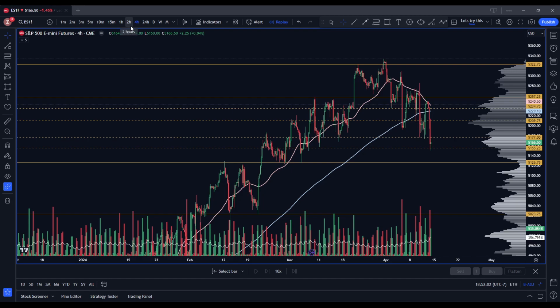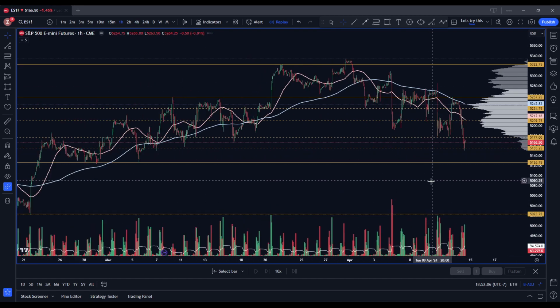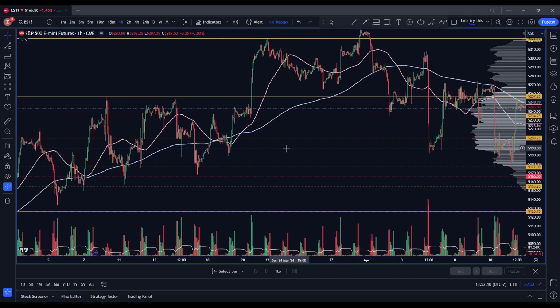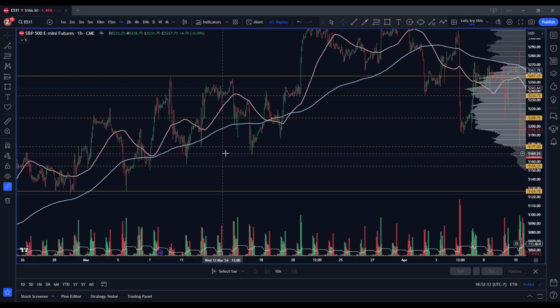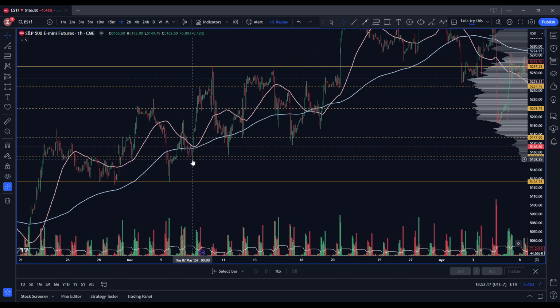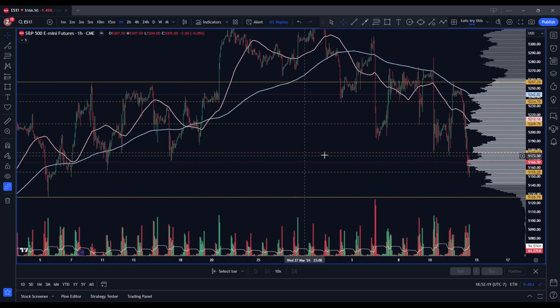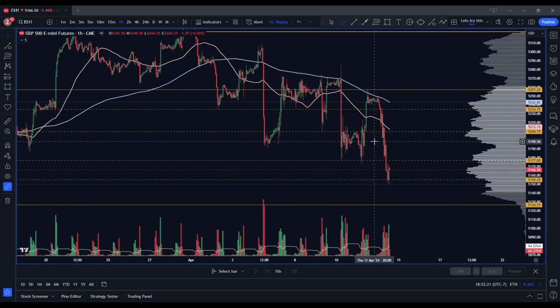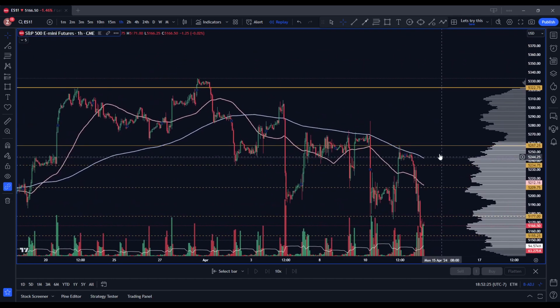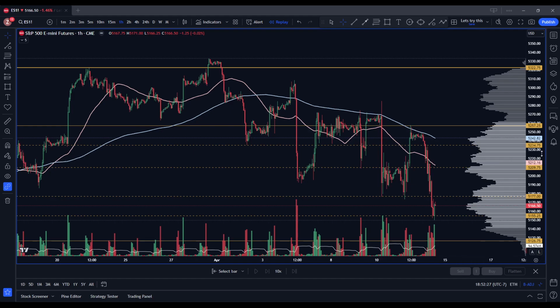Let's head over to maybe the hourly. And yeah, we could just start adjusting these levels a little bit if there's any problem with it. So that looks fine. Okay. I think it's fine.